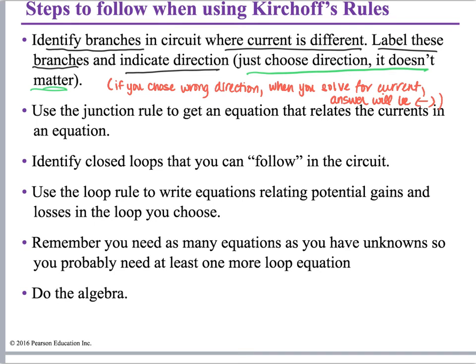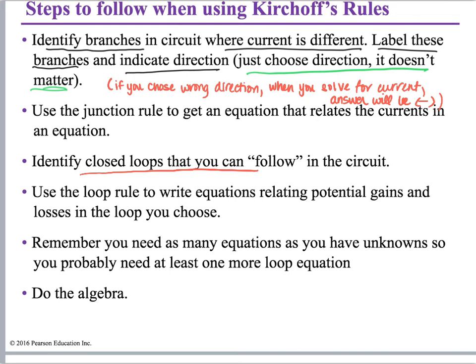Once we've labeled the currents, we use the junction rule to get an equation that relates the currents, like I1 plus I2 equals I3 or something like that. Then we're going to look at the circuit and identify closed loops that you can follow in the circuit. You can choose whatever you want.